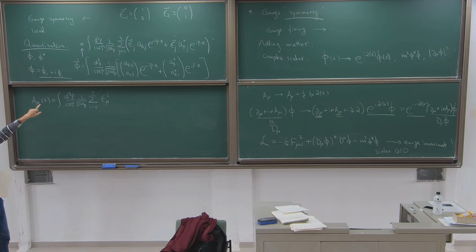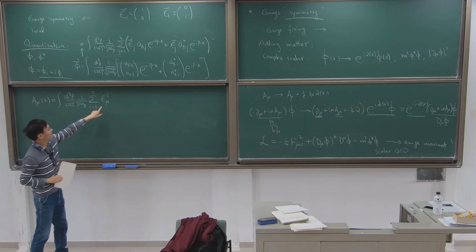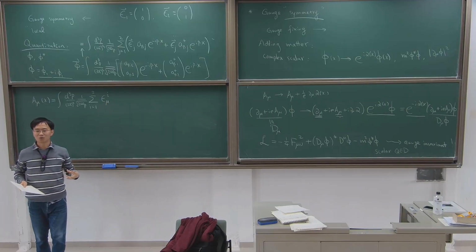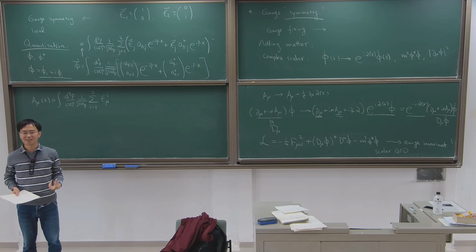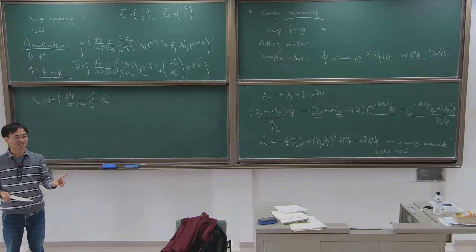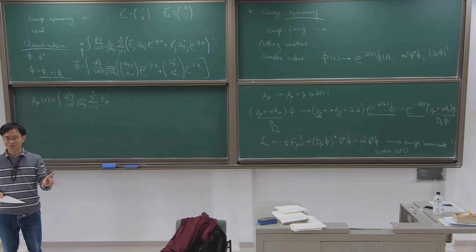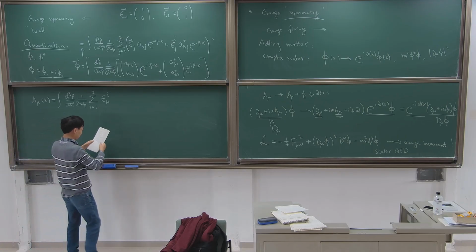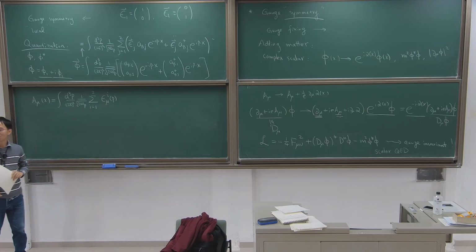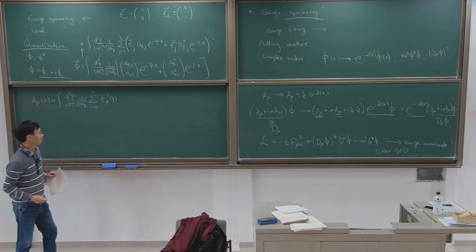The difference compared with the complex scalar is the new mu index, because this is not a trivial pair of two scalars. It's really a vector. When you rotate the vector, the components will mix. That's the difference between vector and scalar. So this polarization vector also has to be a vector, the transverse polarization vector.